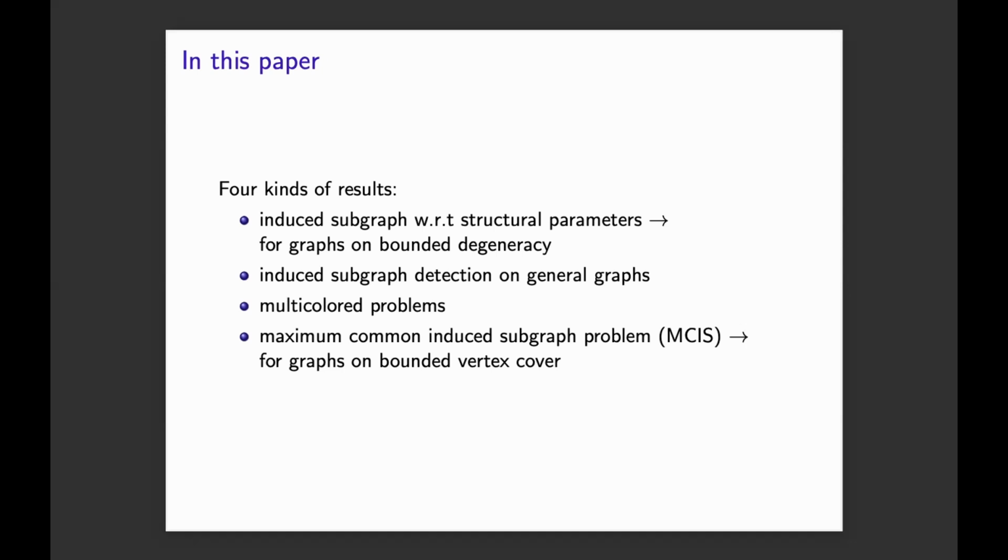At the end, we studied a new problem, maximum common induced subgraph detection, where we are given two graphs G1 and G2, and we are looking for a graph G prime which appears as an induced subgraph of both G1 and G2.